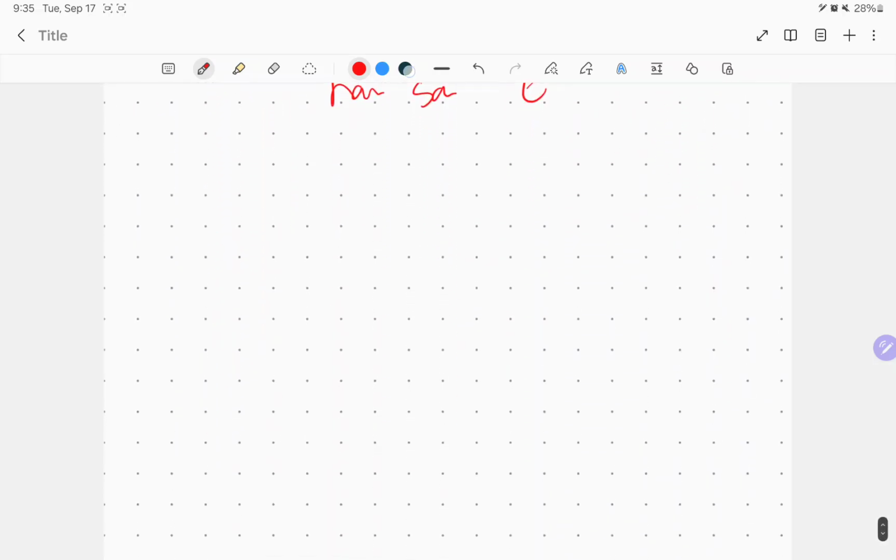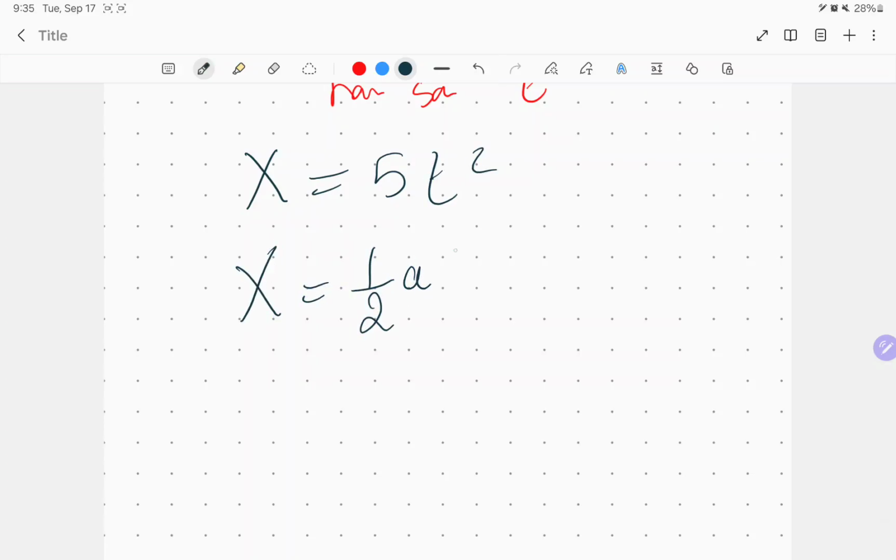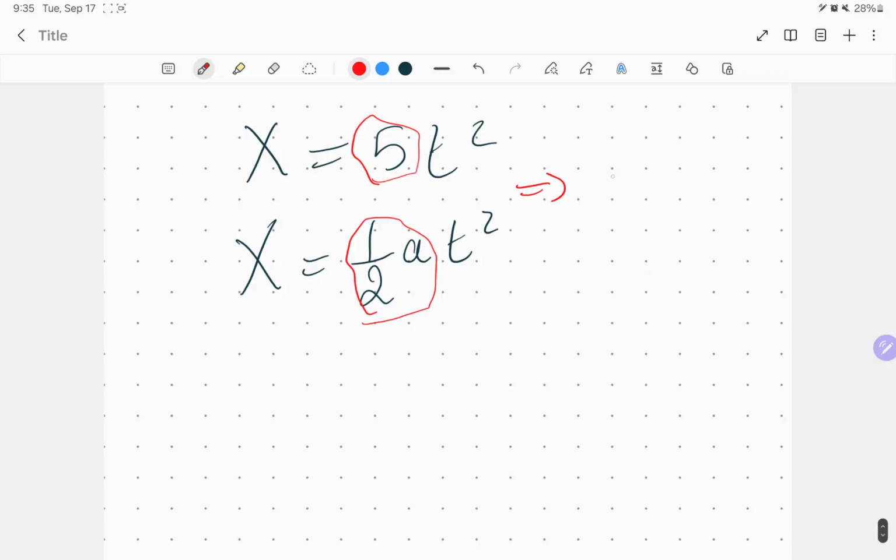I have the equation given x equal to 5t squared, and the general equation is half a t squared. By comparison, everything multiplied by t squared should equal everything multiplied by t squared. So what do we have? a over 2 equal to 5. By cross multiplying, acceleration is going to be 10 meters per second squared.